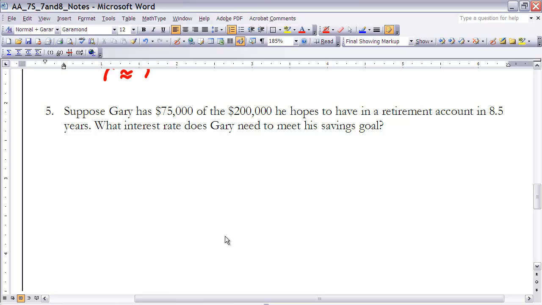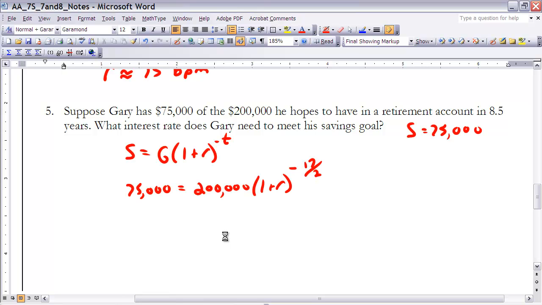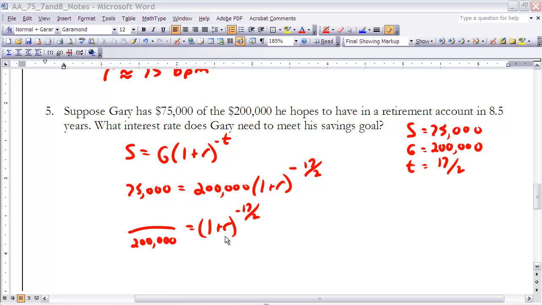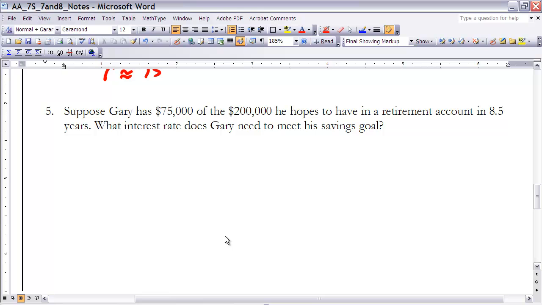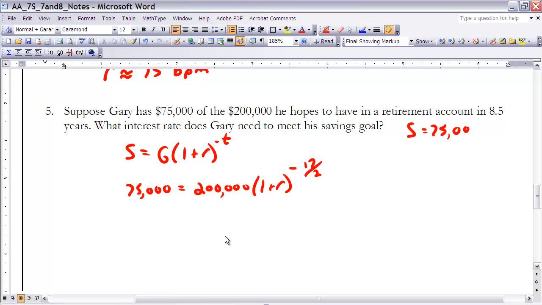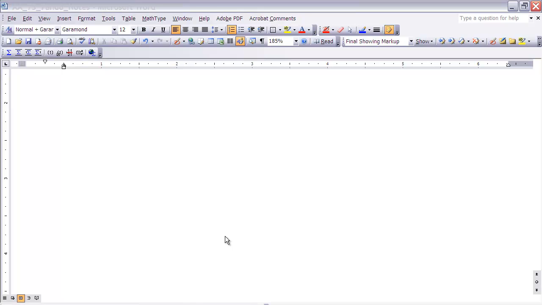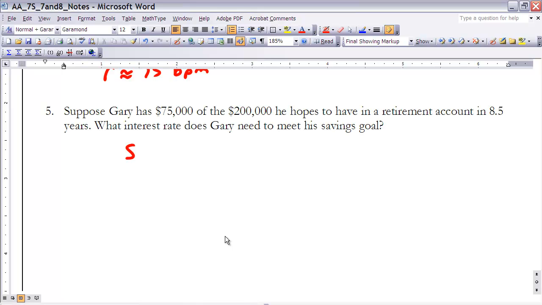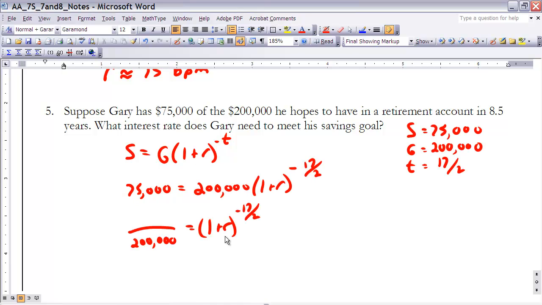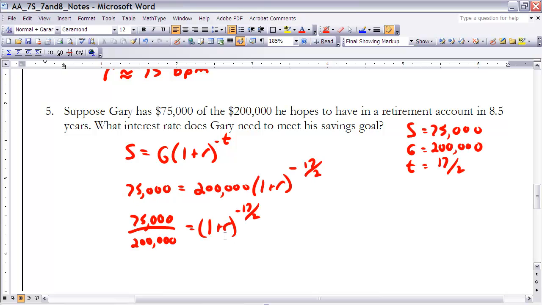Okay, let's take a look at number 5 here then. It says, suppose Gary has $75,000 of the $200,000 he hopes to have in a retirement account in 8.5 years. What interest rate does Gary need to meet his goal? Well, we're going to use the formula that was given to us in the lesson, and that was that S is equal to G times 1 plus R raised to the negative T power.